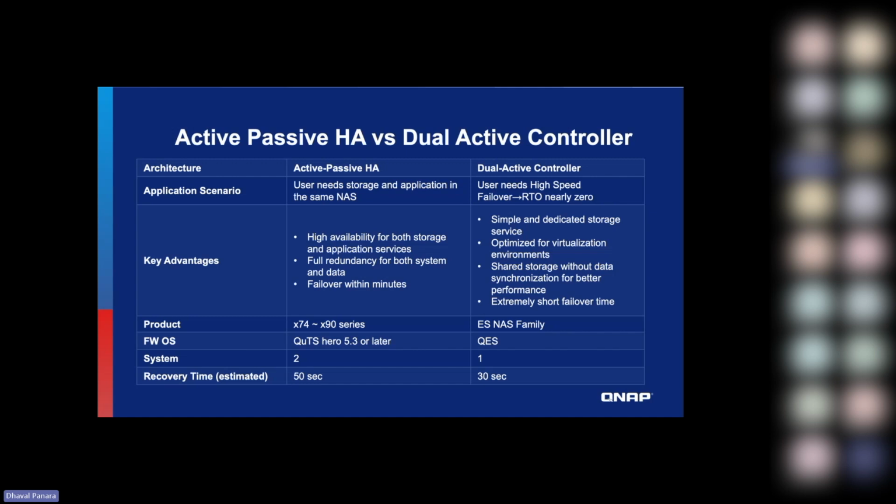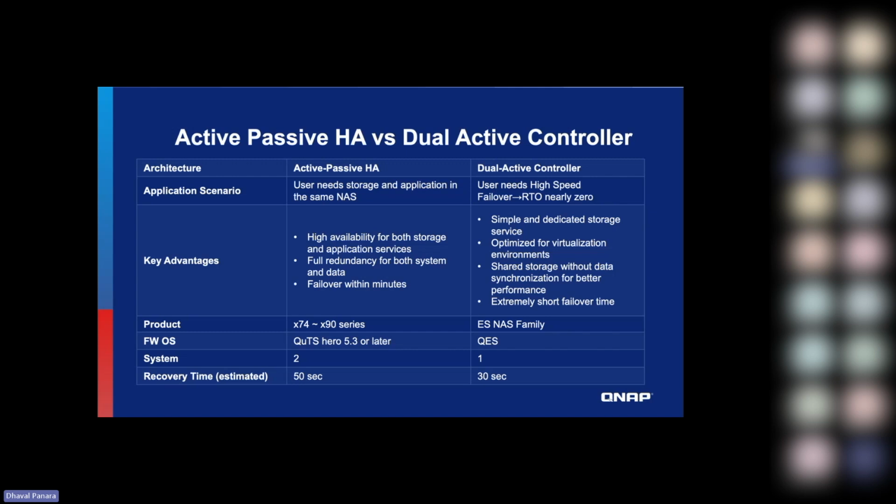But with our new active passive HA, you can set up HA on two separate NASs and achieve active passive HA as well. So if one of the NAS goes down, the other NAS will take over the services automatically without you having to intervene. You don't have to come to the NAS and switch over.